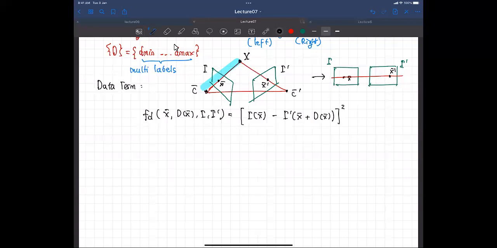And basically, if I can find this, X prime have to be equal to what? Anyone? I found X prime already. What is the value here?